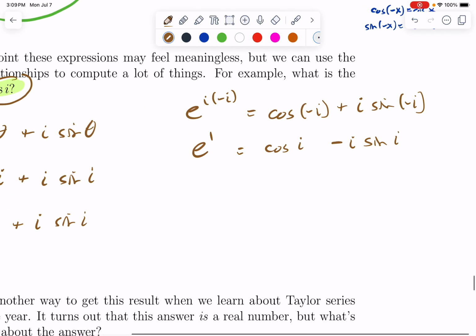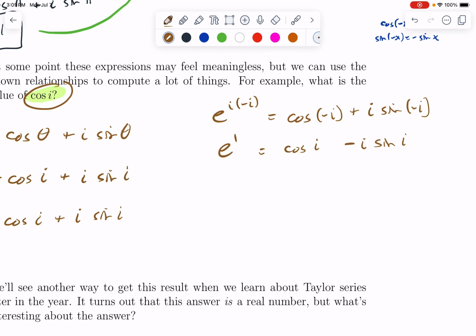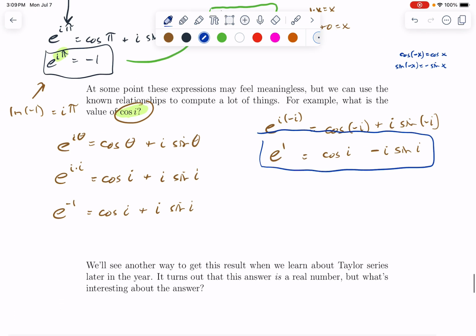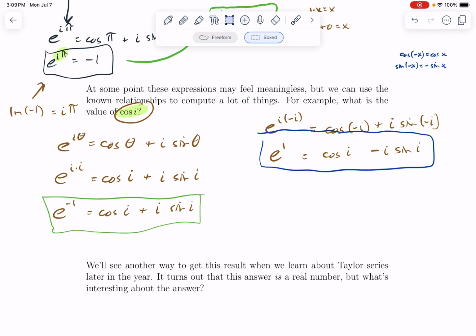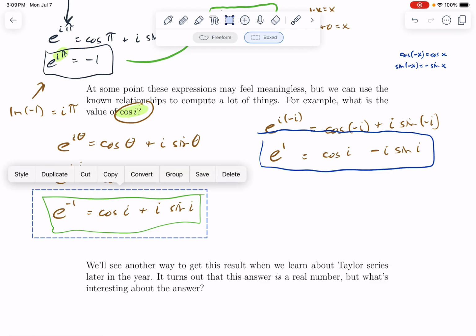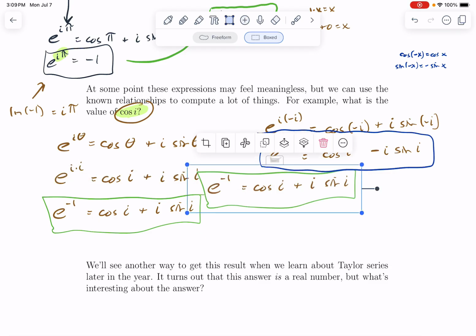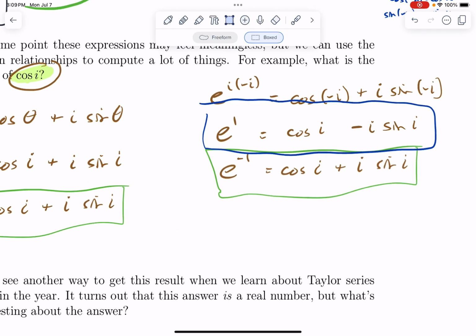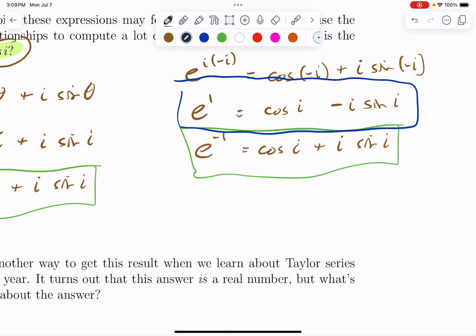So now what I'm going to do is take this equation here, and take this equation here and copy it over. Now, what happens when we add these together? Here I will have e to the first, which is just e, plus e to the negative 1, which is 1 over e.